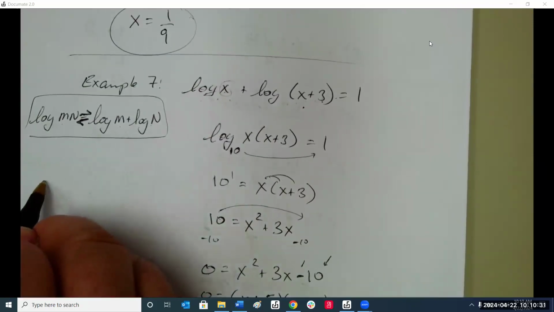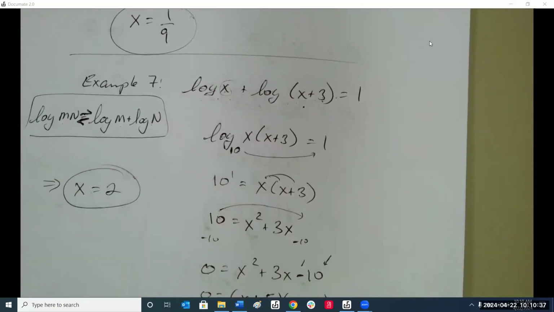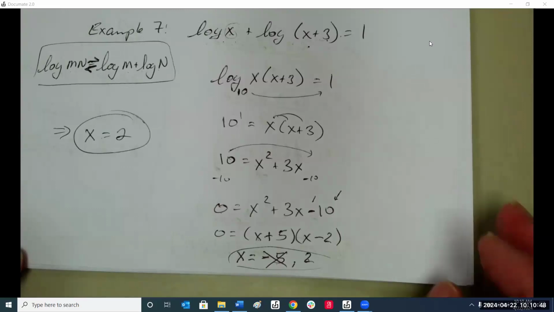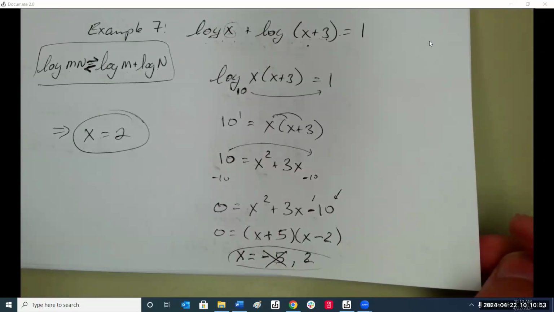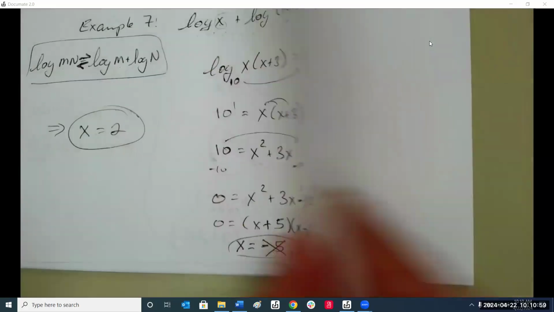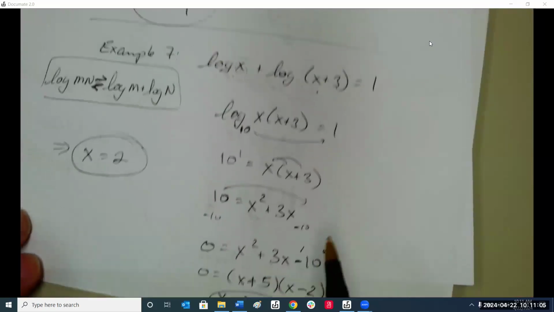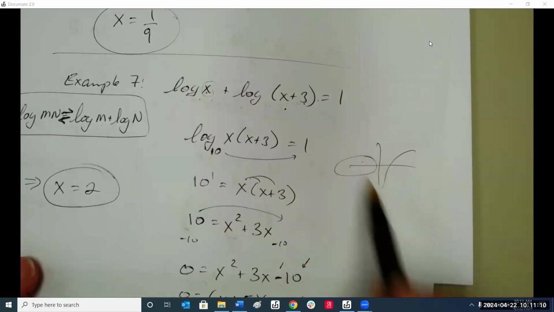The only one I can use, my answer is x equals 2. That's my only solution. Because you always have to check your answers. Again, so any questions about why I cannot use -5? Because if I plug it in there, x is negative. Remember, I cannot use negative inputs.